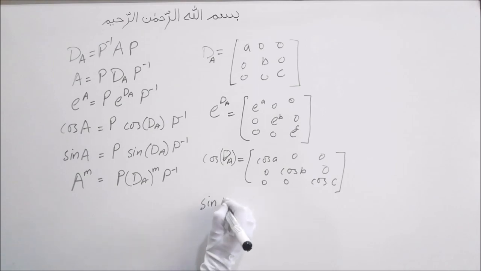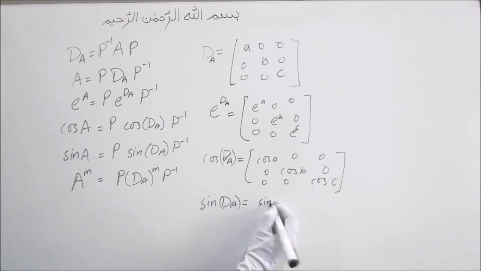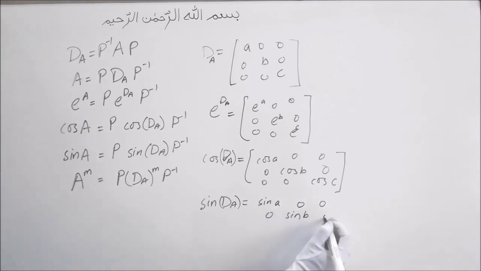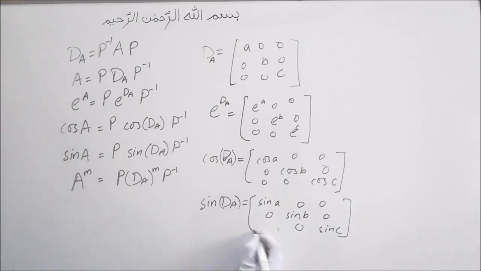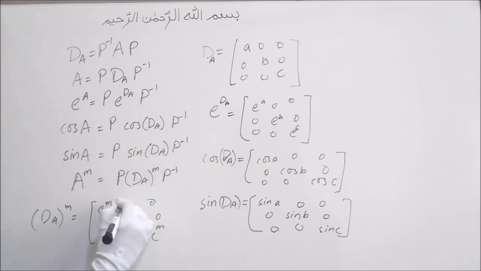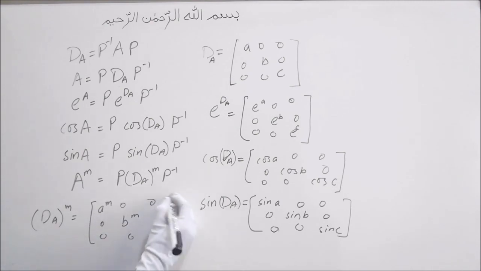Sin dA will be sin A, sin B, sin C on the diagonal. dA the whole raised to m will be A raised to m, B raised to m, C raised to m, with 0 elsewhere. That is how easy this is.